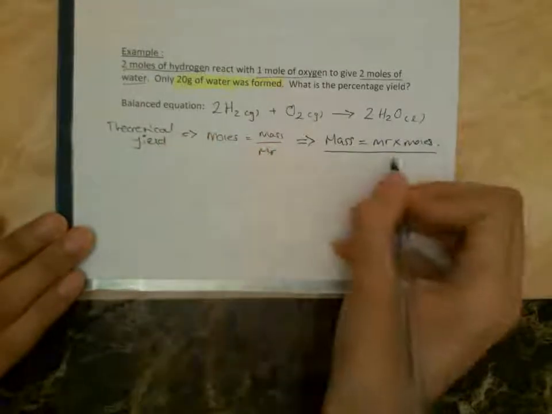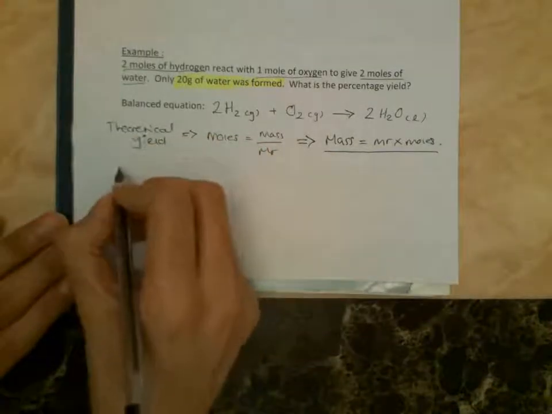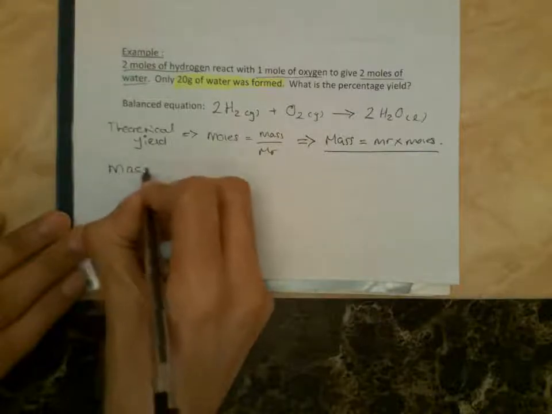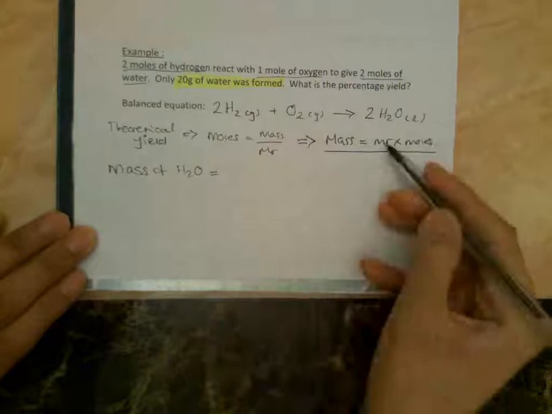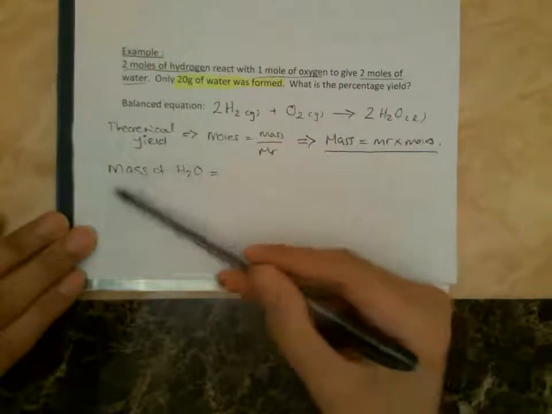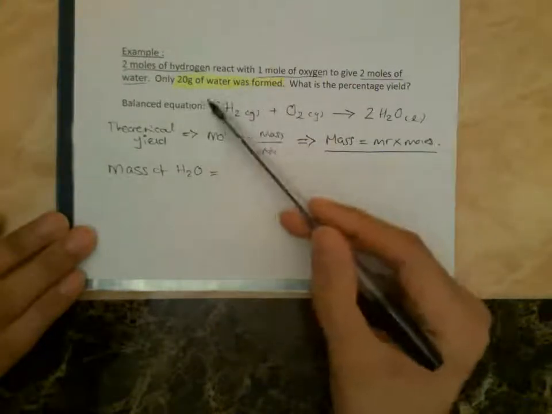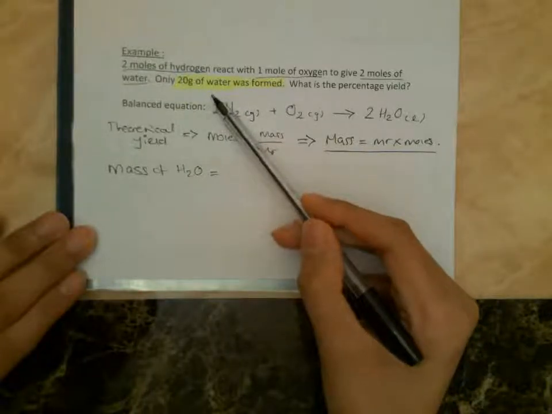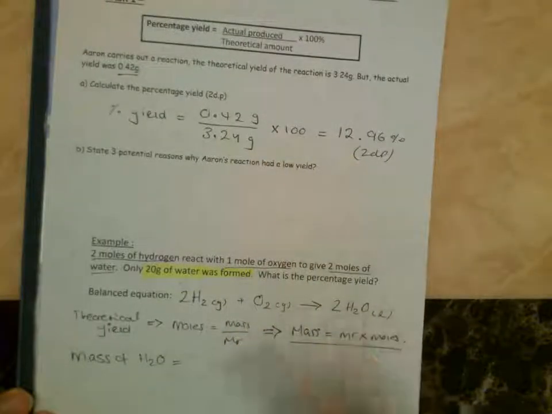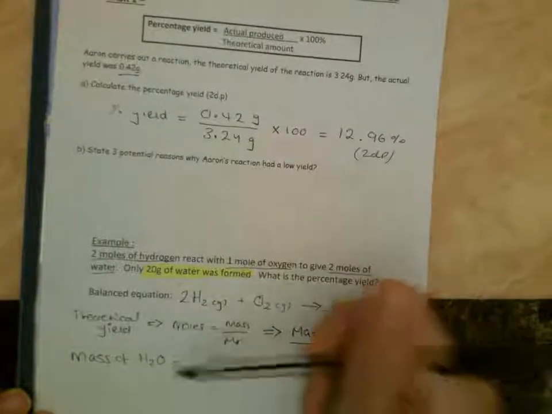Once we have this, we can find the mass of H2O. Now some of you might be thinking, well, we've already got the mass of H2O, it says it here, but no, remember this is the actual amount that was produced in the reaction, but to find the percentage yield, we need to know the theoretical amount.